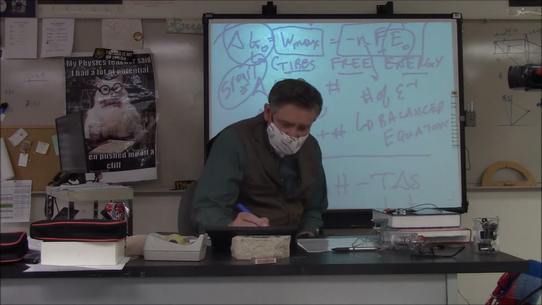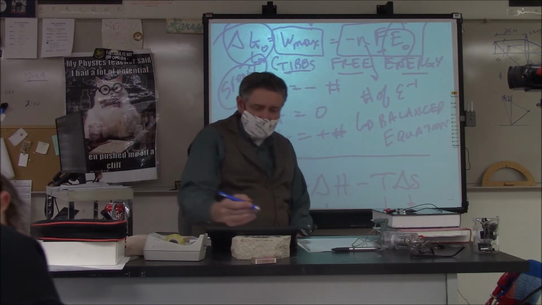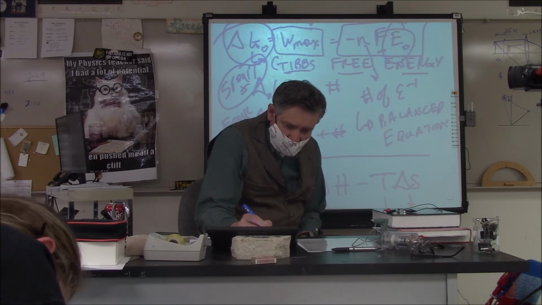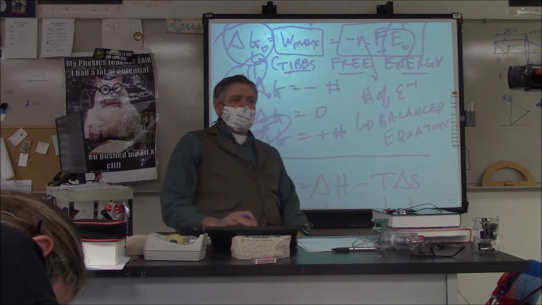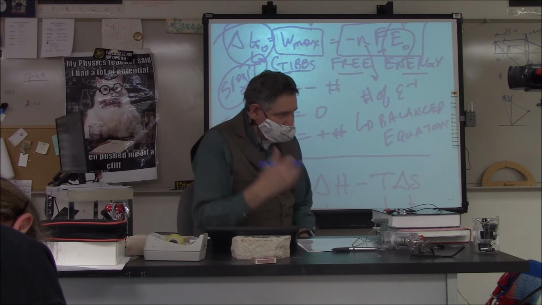If delta G equals 0, the system's at equilibrium. And if delta G is a positive number, that dog won't hunt. That's going to be a non-spontaneous reaction. It's not going to happen. So those are your three possibilities.